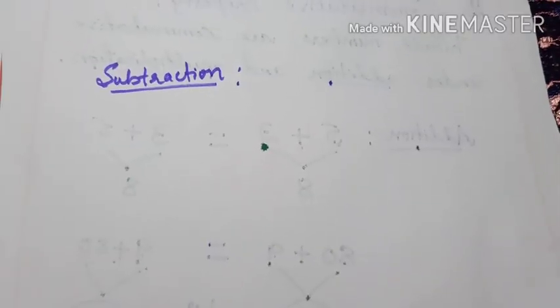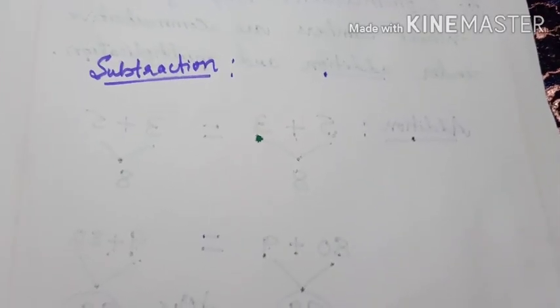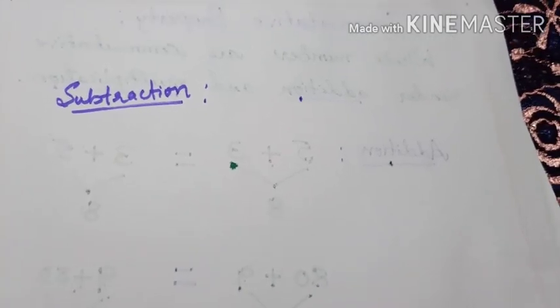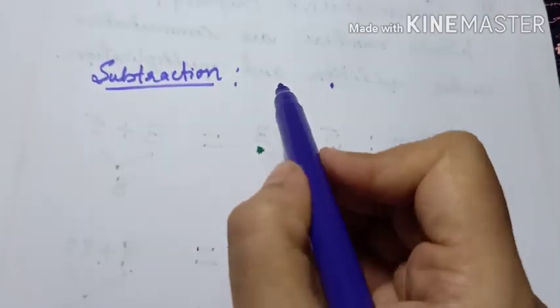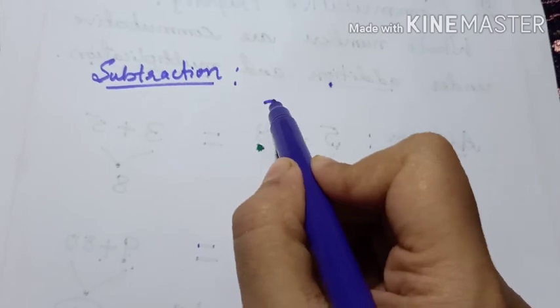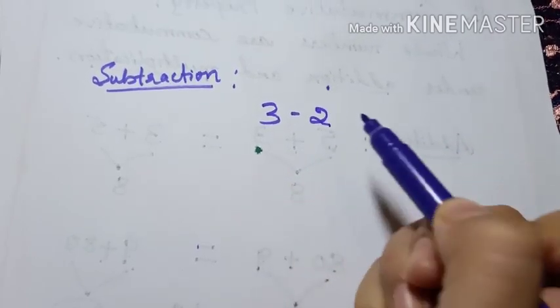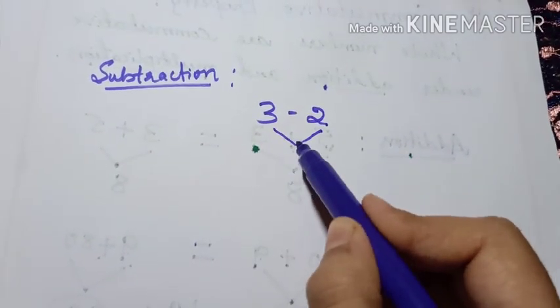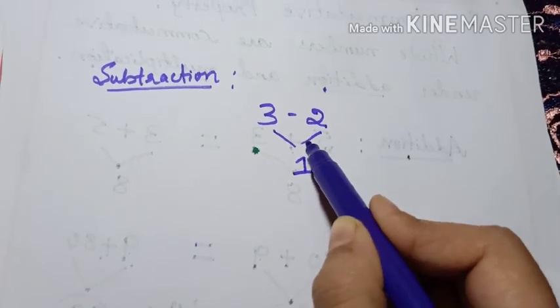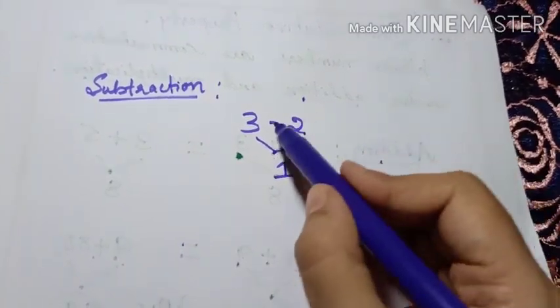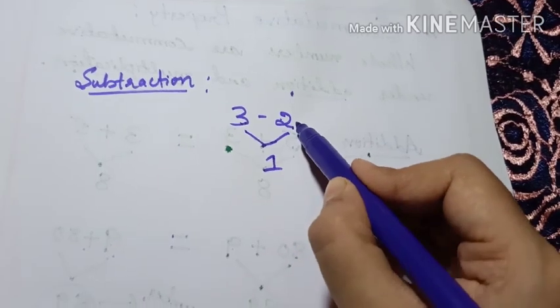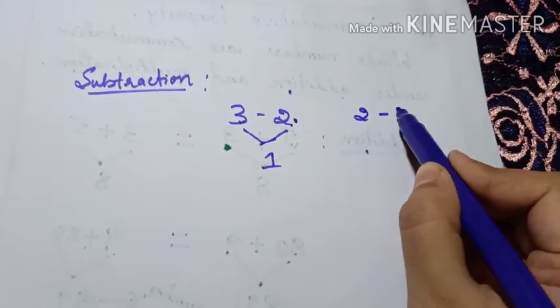And just like under the closure property, here also the commutative property does not satisfy under subtraction. For example, when you are doing subtraction, let me take two examples. 3 minus 2. Okay, 3 minus 2, what answer do you get? 1, right? 3 minus 2 is 1. When you change the order of these two numbers, that is 2 minus 3.